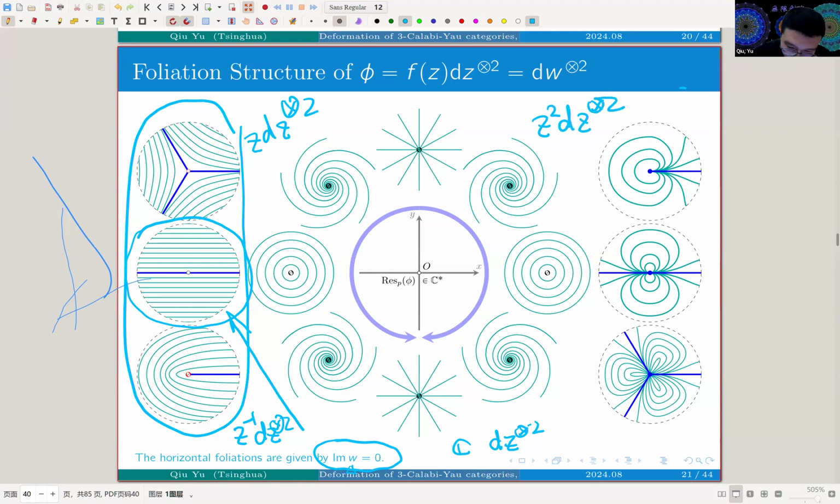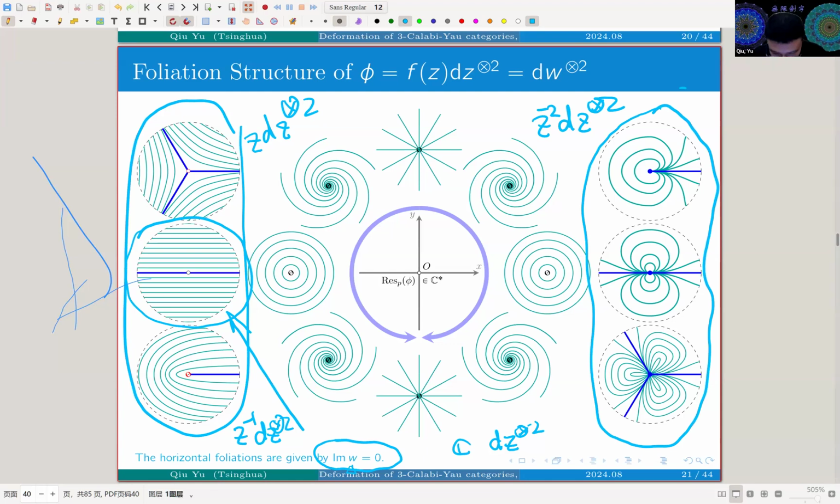For an order 2 pole, depending on the residue, the foliation will be very complicated, so we will treat them separately. And on the right-hand side, we have high order poles, of order -3, -4, and -5.